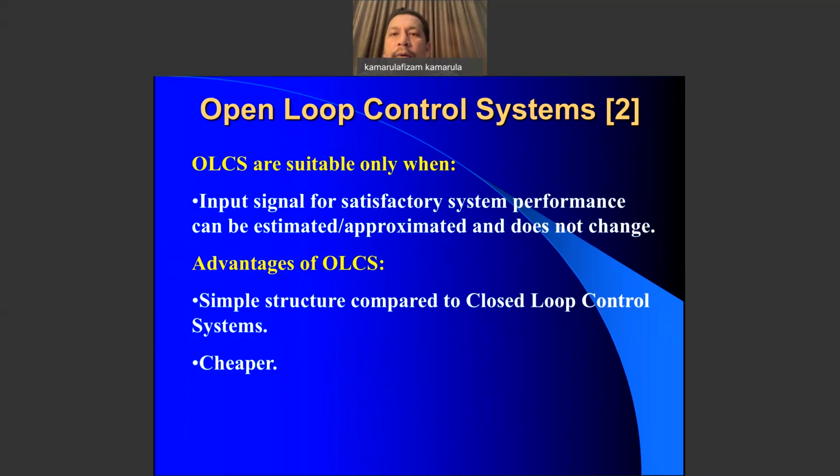Okay, the advantage is that it is simple and very cheap because, as I mentioned, the control system just starts from the on button. It will finish everything and stop when the process finishes, and that's all.